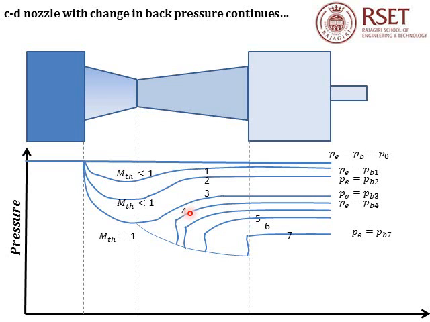Then the subsonic flow passes through the diverging region, the diffusion action takes place and it flows smoothly into the settling chamber. This discontinuity is known as a shock wave.